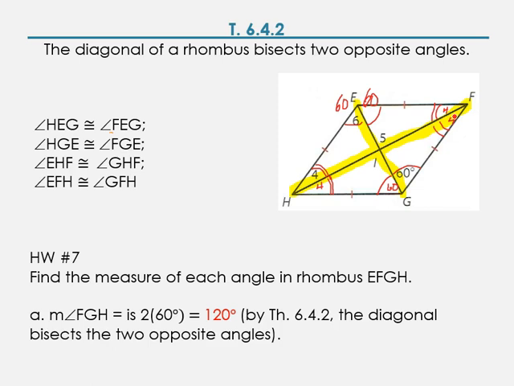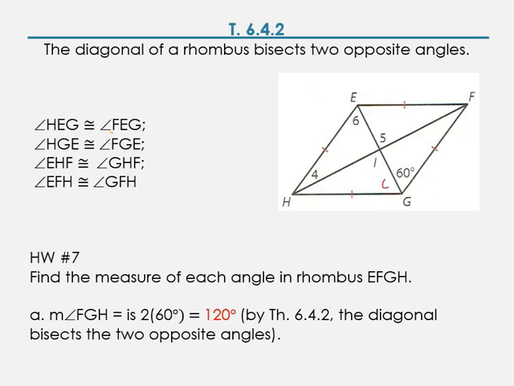Homework number 7. It says, find the measure of each angle in rhombus EFGH. One of the things I'm going to do is go ahead and clear this so we can look at it. The measure of angle FGH is 2 times 60, which is 120, which we already talked about.